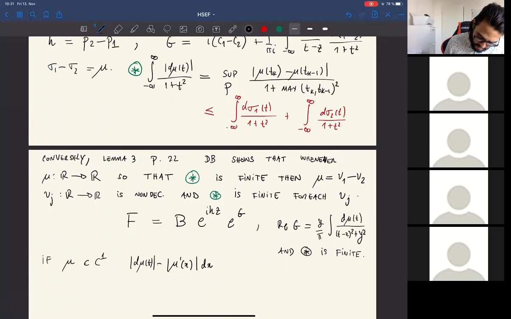I'm using t, so let's keep using t. Okay, this is another remark. Any questions here?